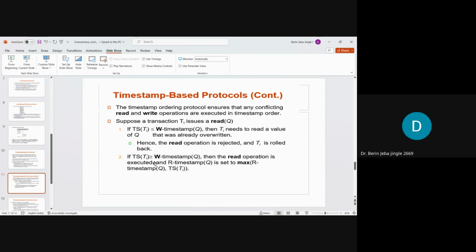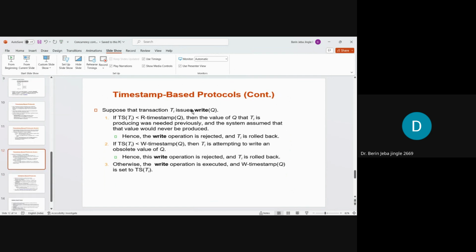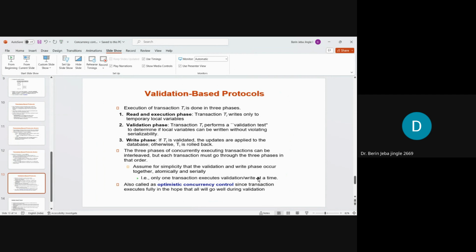If it is greater, the read operation will be performed. For write operation, it checks both values. If the timestamp of Ti is less than the read timestamp or less than the write timestamp, then the write operation cannot be performed and is rejected. Otherwise, the write operation will be performed.